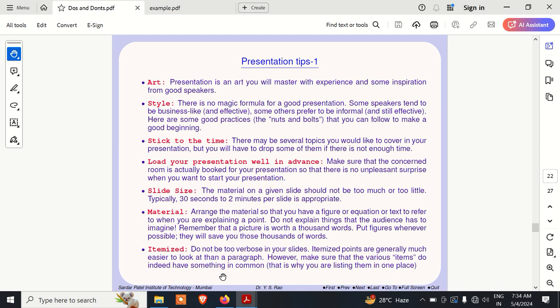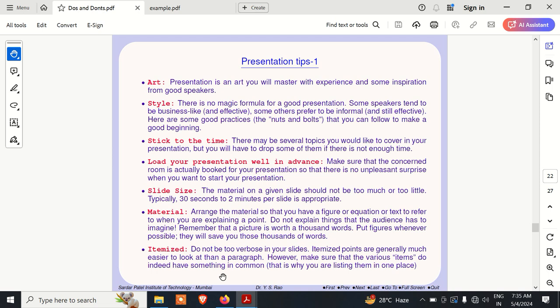Arrange the material so that you have figures, equations, text on the slides. We all can understand that pictures convey much more than you keep on speaking the things. Instead of saying a thousand words, better put one picture.